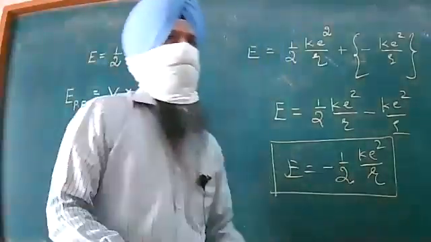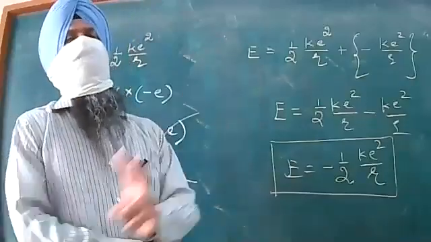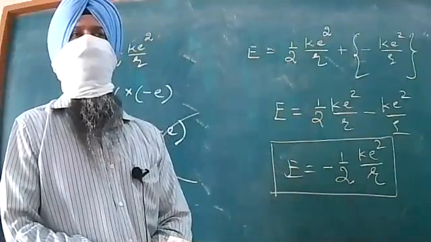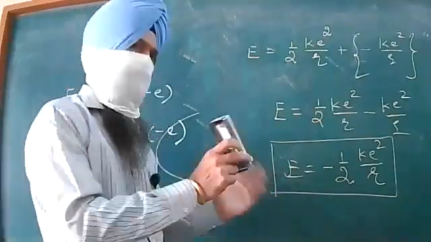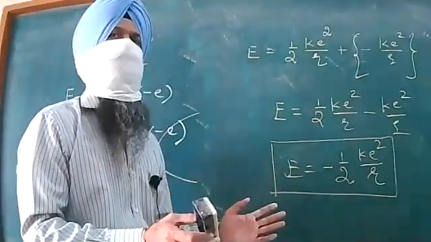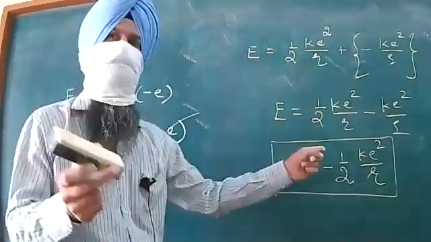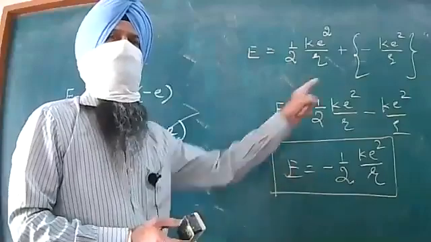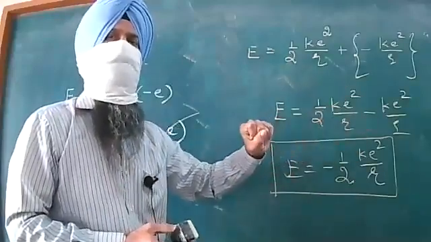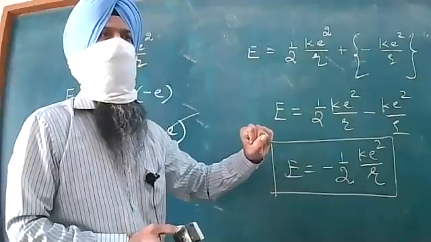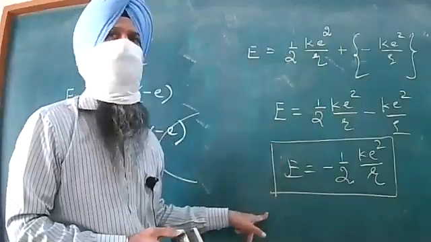Now beta, two types of approaches originate from this energy itself. We can derive two formulas from this energy further. One in terms of electron volt, you might be remembering the formula for the energy to be equal to minus 13.6 upon n square electron volt.